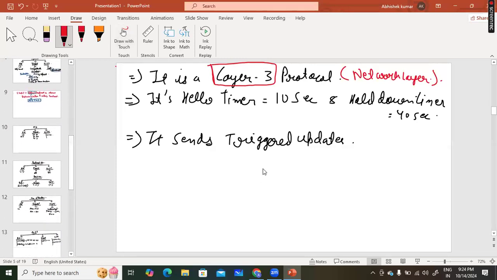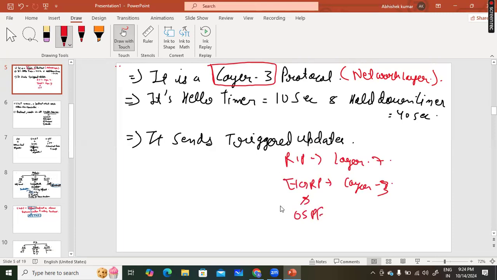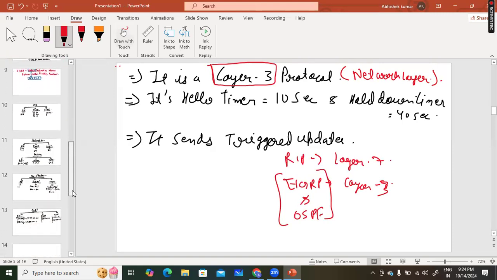You have to remember that when we talk about RIP, it works on layer 7. EIGRP works on layer 3 and OSPF as well. It works on layer 3. Clear?